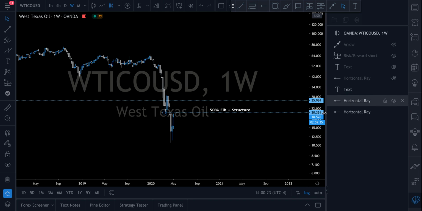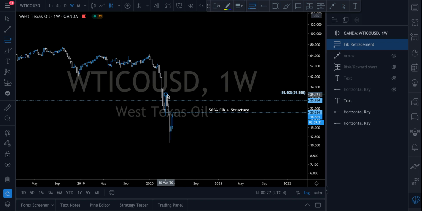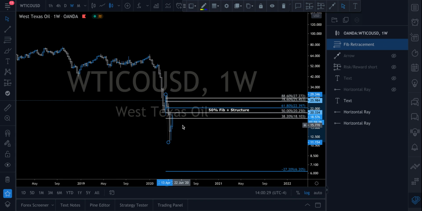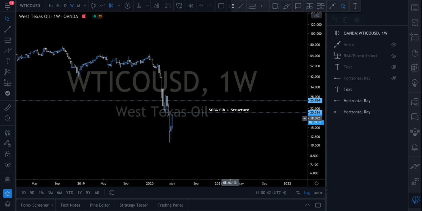The reason why I thought of this area being significant is that if we take a fib, swing high to swing low of this leg, we can see that it aligns perfectly with this 50% fib of the weekly leg as well. So that's two pieces of confluence for this particular pair.